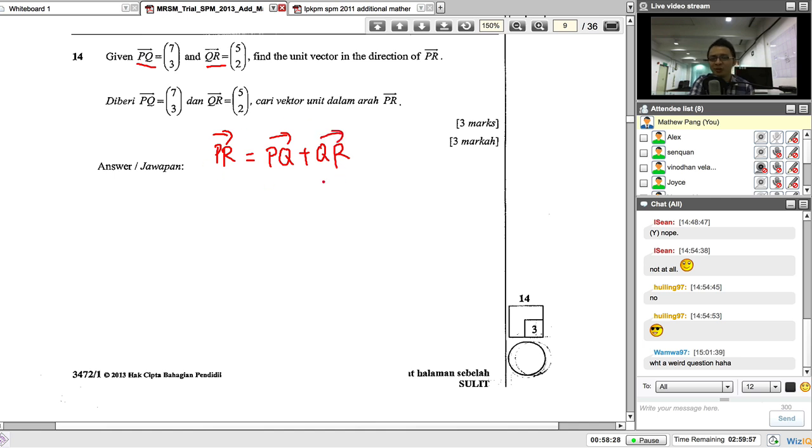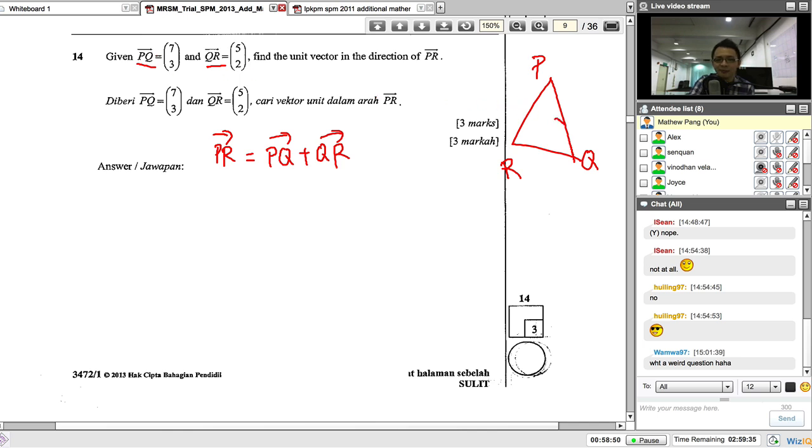If you do not believe this rule, maybe I can draw it out for you. I randomly draw a triangle and randomly plot PQR, but it must be plotted clockwise or anti-clockwise. So I say this one is P, Q and R. It's very random. Over here it tells me PQ. What is PQ?